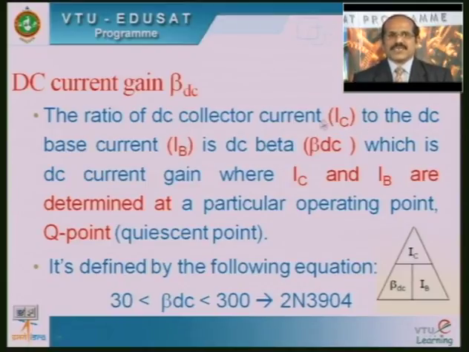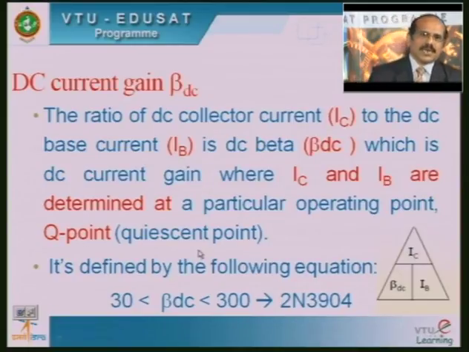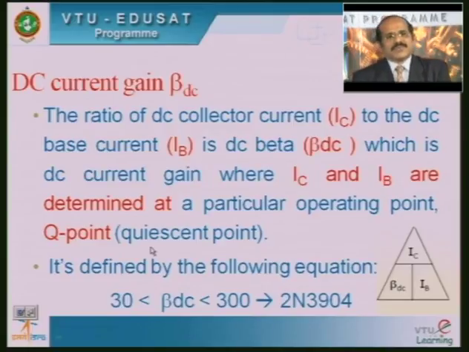The ratio of these gives you the beta DC value. Here you can note that IC and IB are determined at a particular operating point, called the Q point, or quiescent point. Quiescent means silent point, which represents the operating point of the BJT.